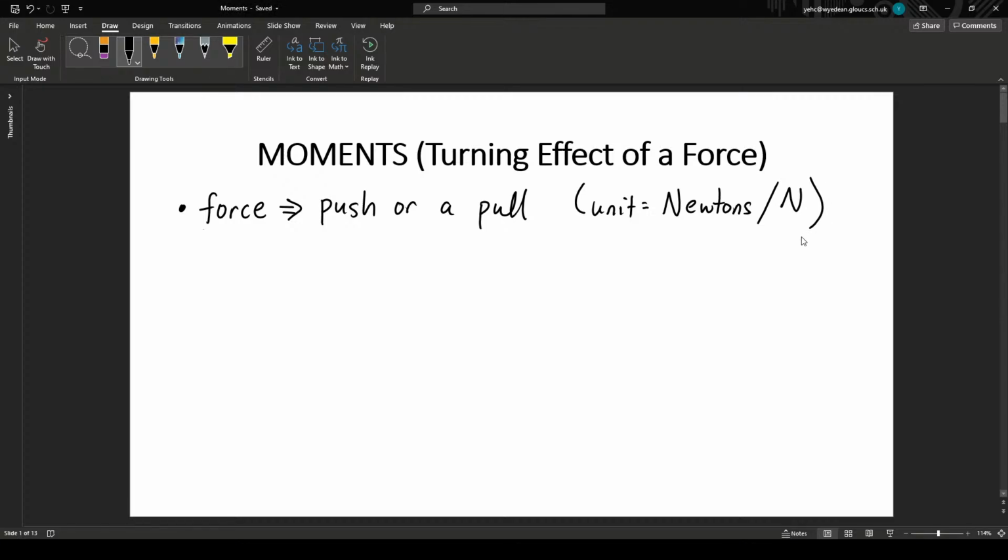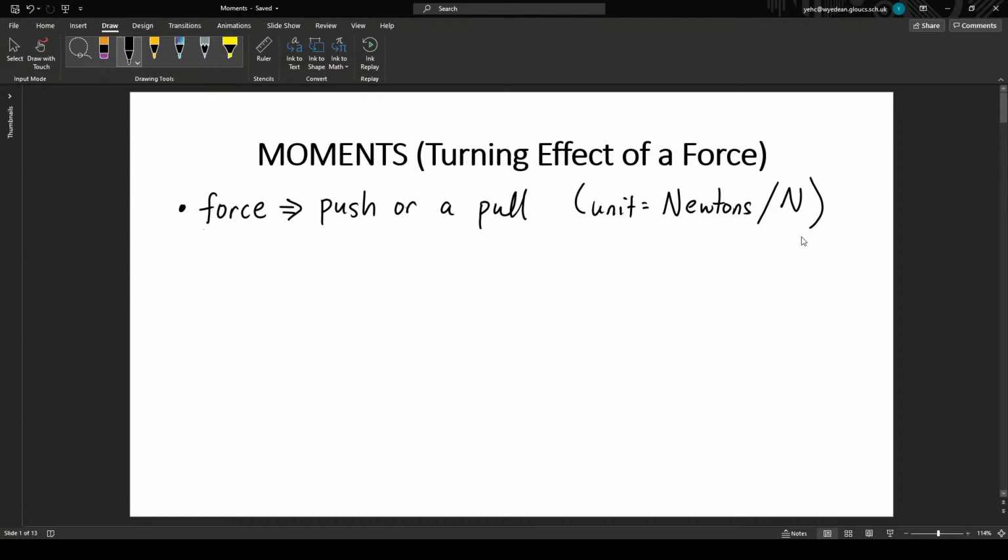Sometimes, when a force pushes or pulls on something, instead of just causing an object to move back and forth depending on the direction of the force, it can cause an object to turn.